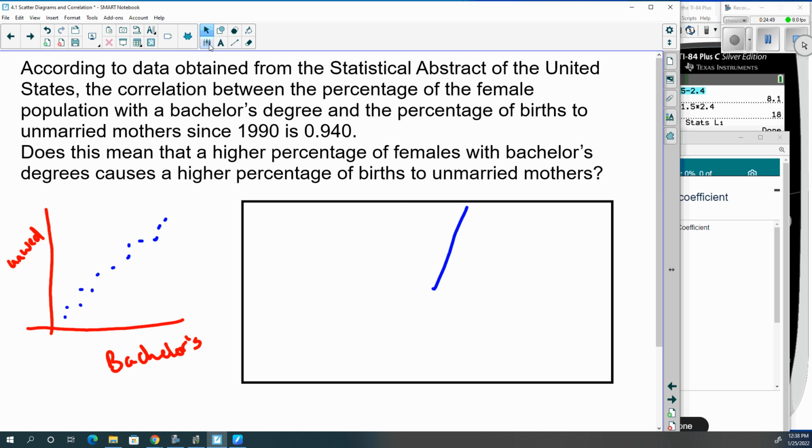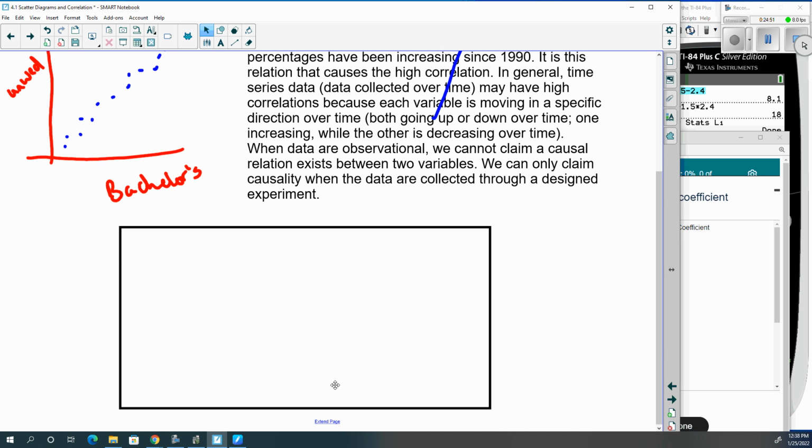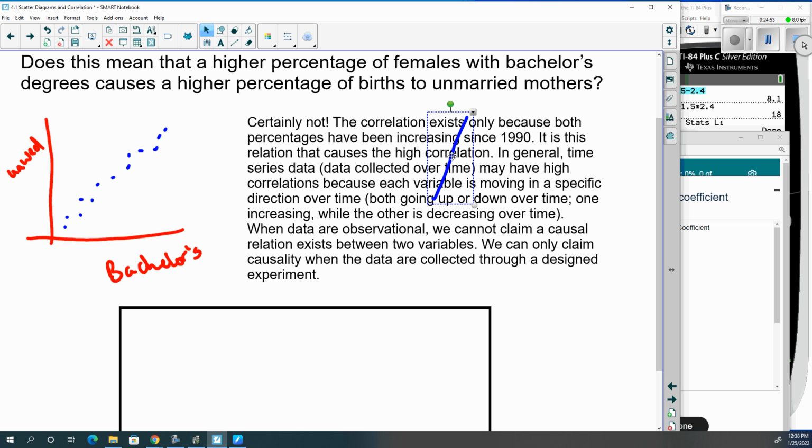So here it says, certainly not. The correlation exists only because both percentages have been increasing since 1990. It is this relation that causes the high correlation.